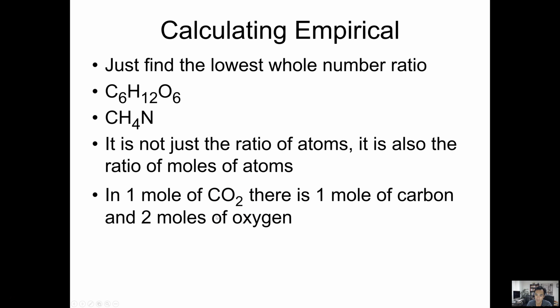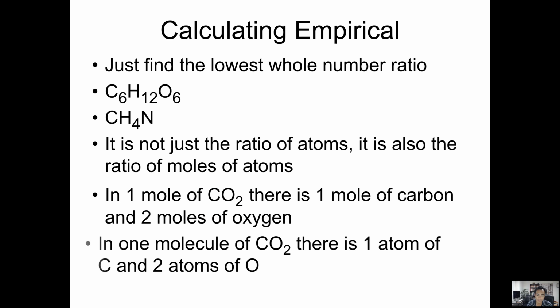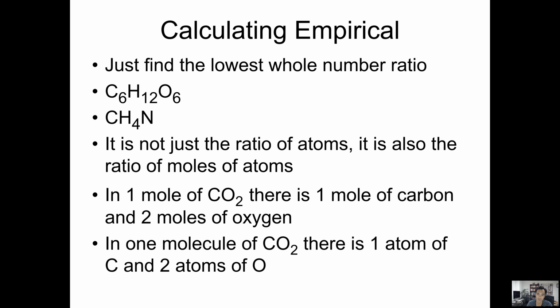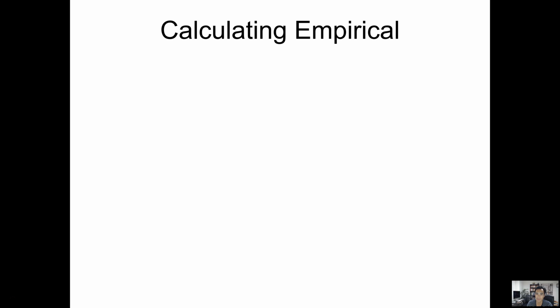So there's different ways of looking at this. In 1 molecule of CO2, there is 1 atom of C and also 2 atoms of O. So the way you would say this is that it's the ratio of atoms and also the ratio of moles of those atoms.